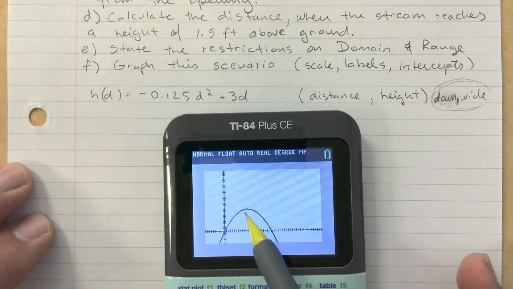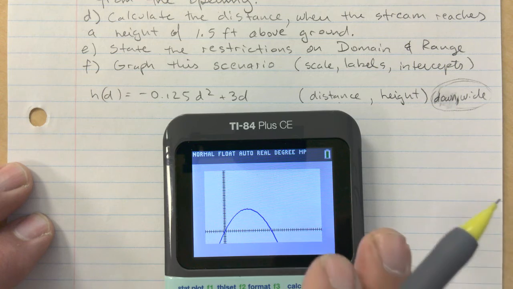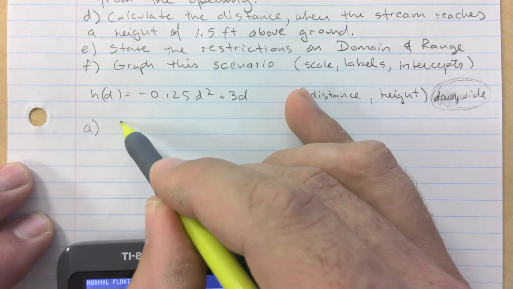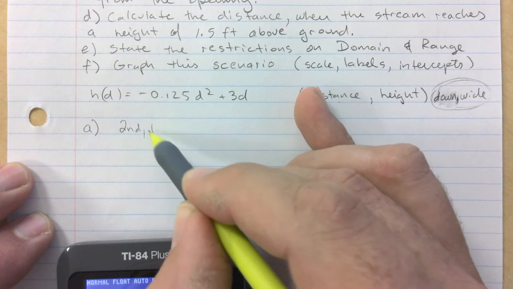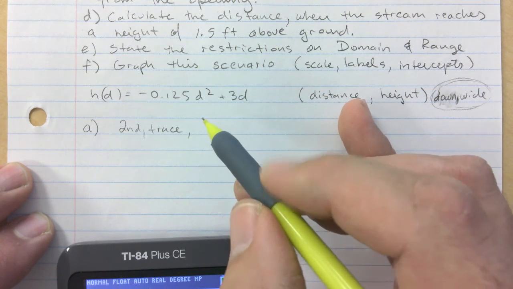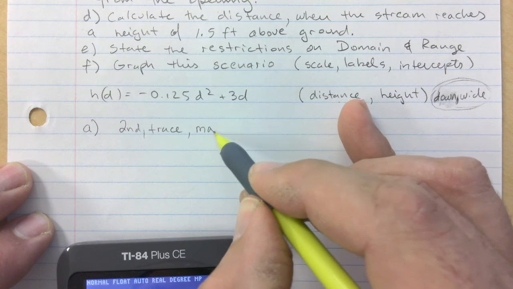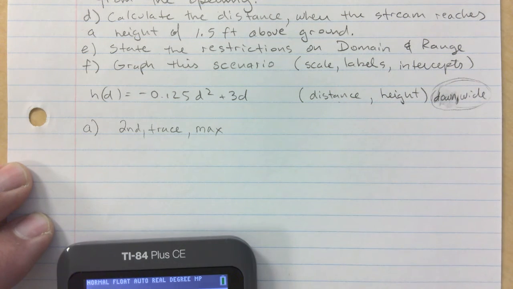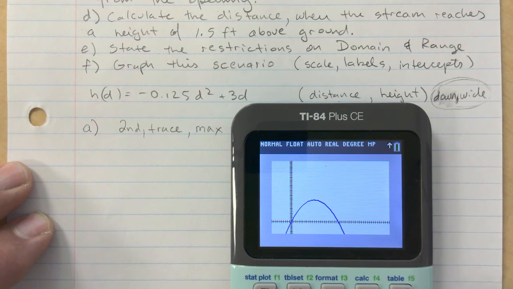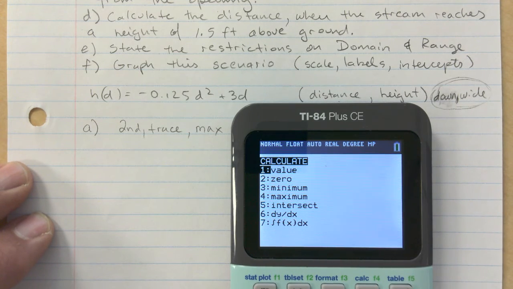So obviously we're looking for the vertex. So we're going to answer A. And before we do anything, we will do second trace. And in this case, we have a max. If you choose min, it's going to be wrong.